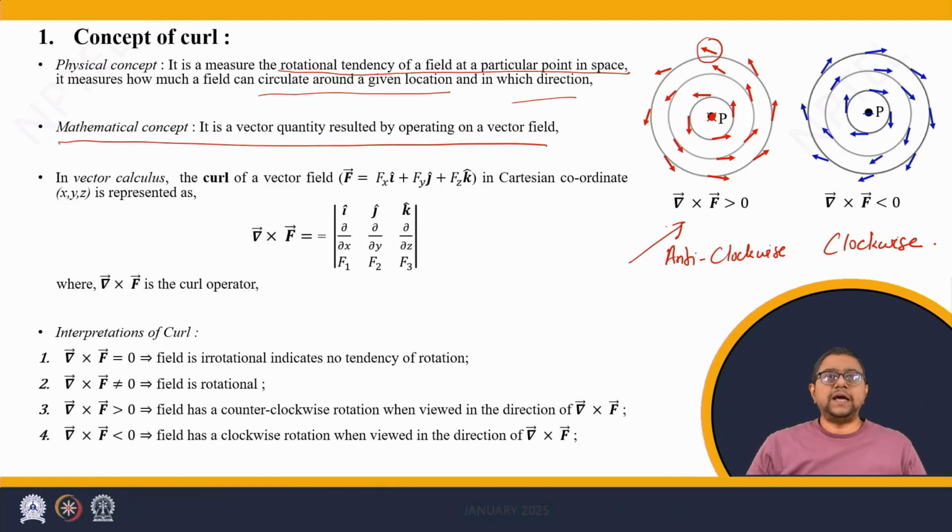Next, the mathematical concept of a curl. Mathematically, the curl is a vector quantity. It can be obtained by operating the cross product between the gradient operator and the vector field.